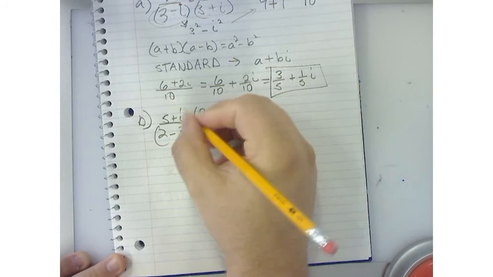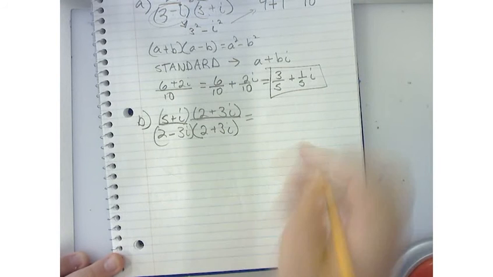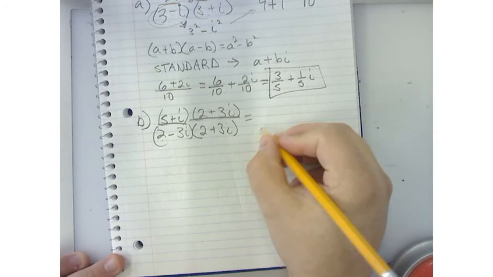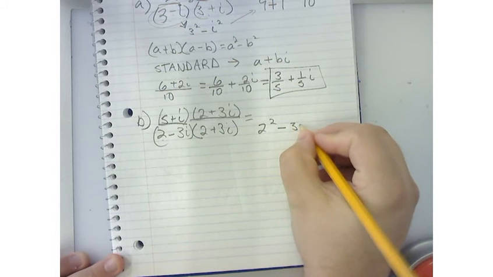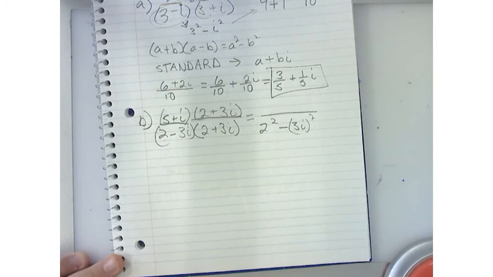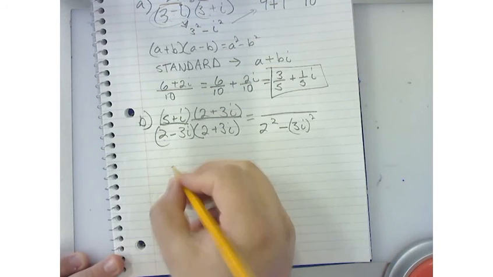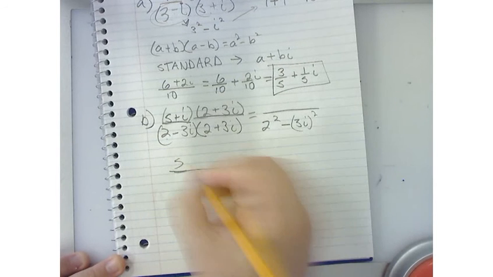And this is where it gets a little tricky. The bottom is going to be 2 squared, and I'll write it out so you can see it, minus 3i squared, all over the stuff up on the top. Let's draw our little grids.